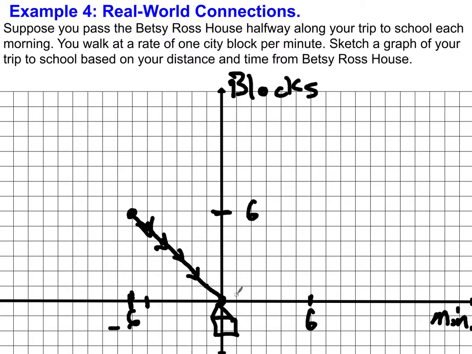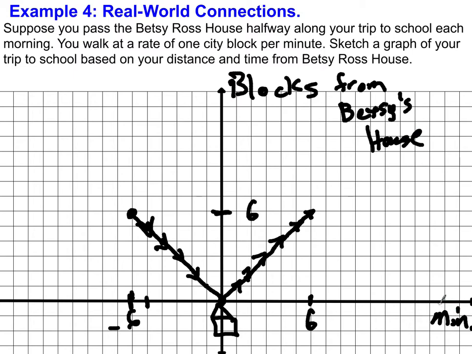Okay? And then as I start to walk past her house to school, I get farther away. So at 7 minutes, I'm past her house. I'm going towards school. At 8 minutes, I'm here. 9, 10, 11, 12 minutes, I'm at school. So this would be the graph of the distance, the number of blocks from Betsy's house, versus the number of minutes that I walked.